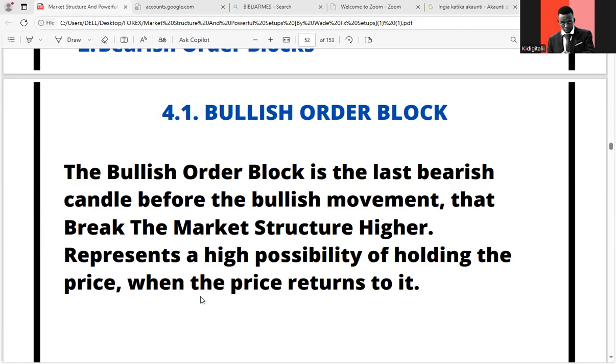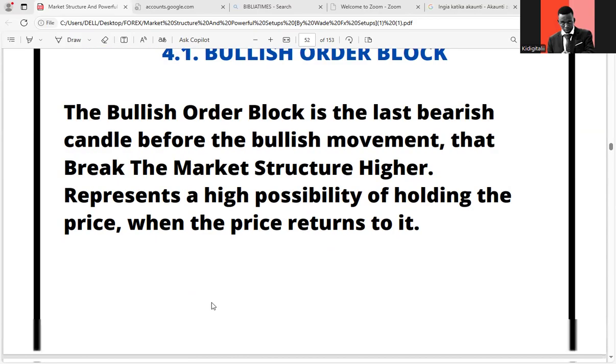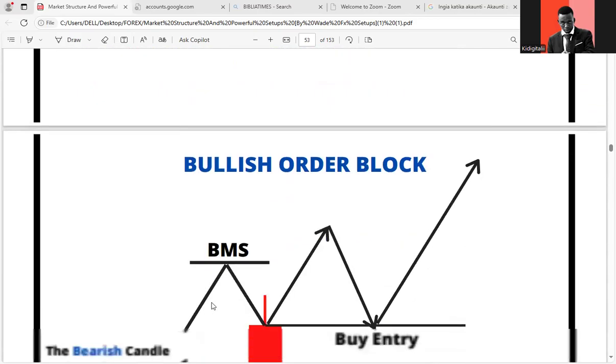First of all, it can be a bearish or a bullish candle before a high momentum bullish movement, and that movement must break structure. That means we must have what we call a break of structure or break of market structure, that is BMS.